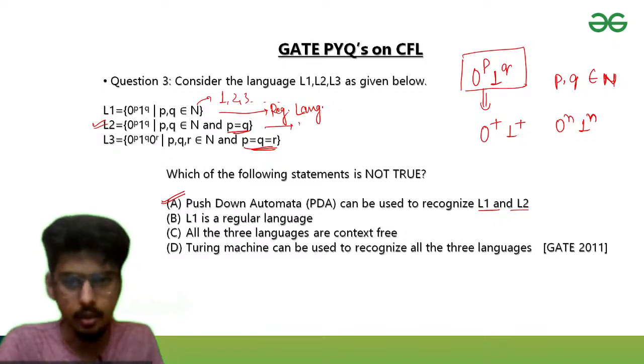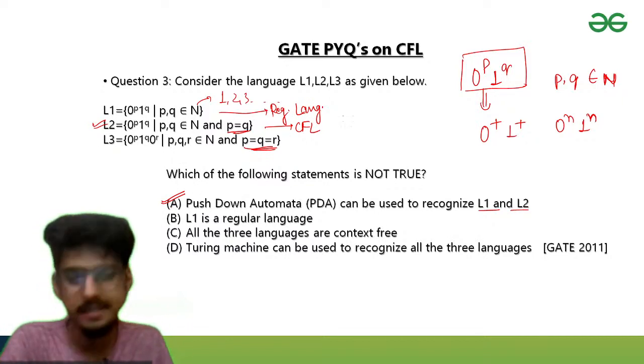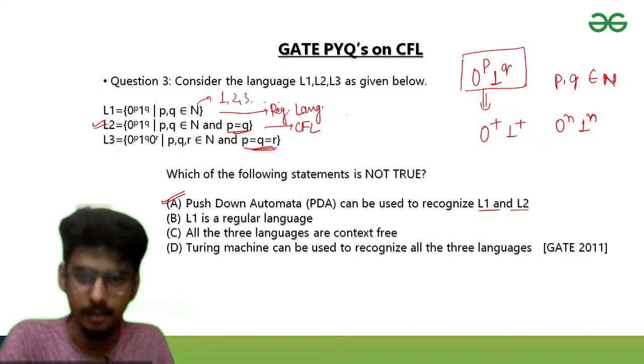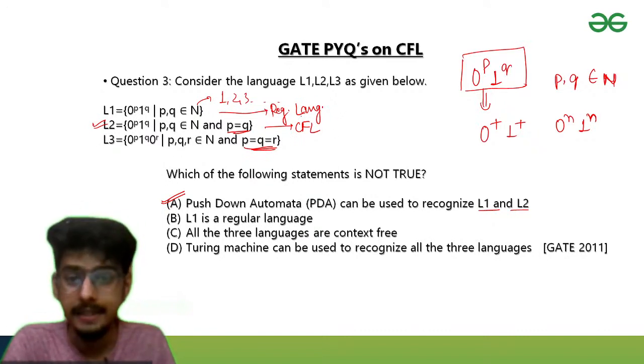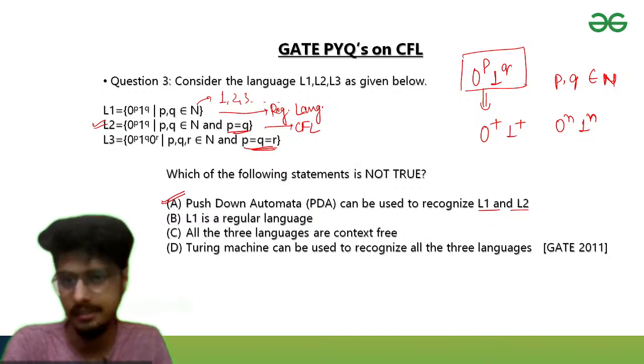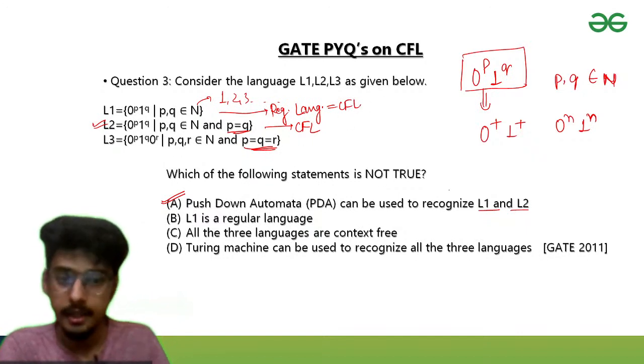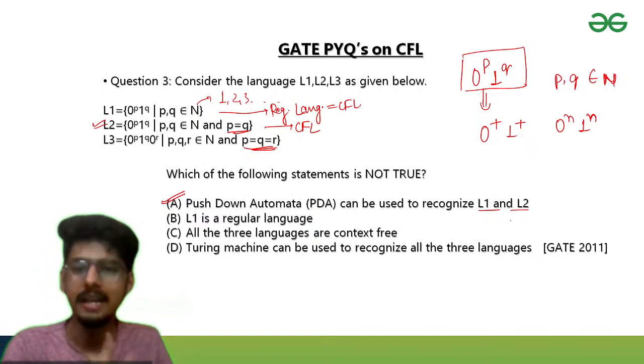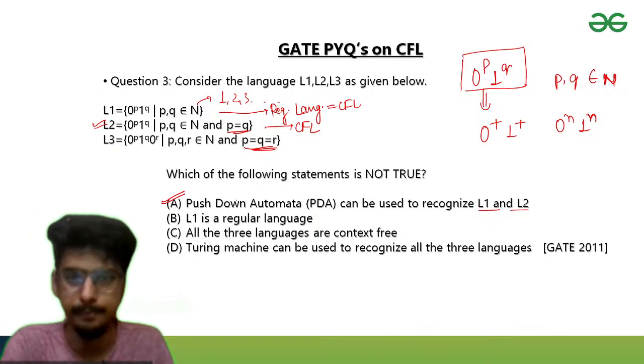In case of PDA, you need to have a context free language, and if L1 is regular, then it will definitely be context free as well. Therefore L1 and L2 both can be recognized by a PDA, because they both are context free. So A is correct, so this is not the answer.